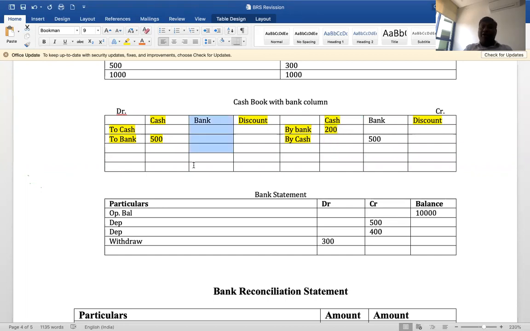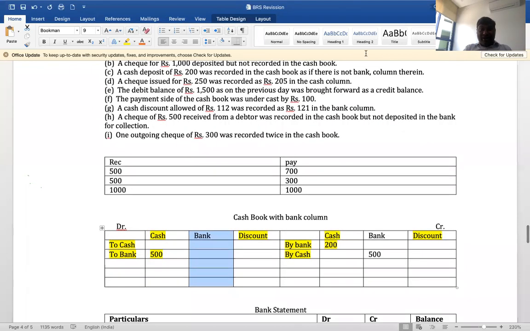But if it is not written in the bank column of the cash book, then we have to definitely be concerned. It is supposed to be recorded in the bank column also. It is not recorded, so to this extent the amount is not reduced. What should you do? You reduce it. It was forgotten to record in the bank column. Just reduce it, so less.